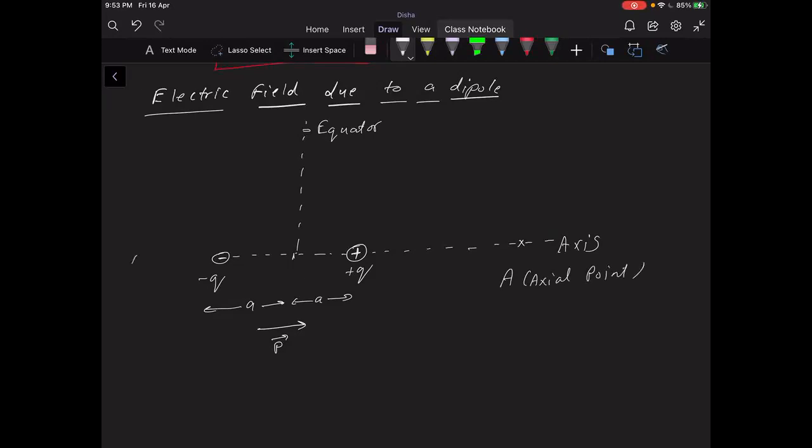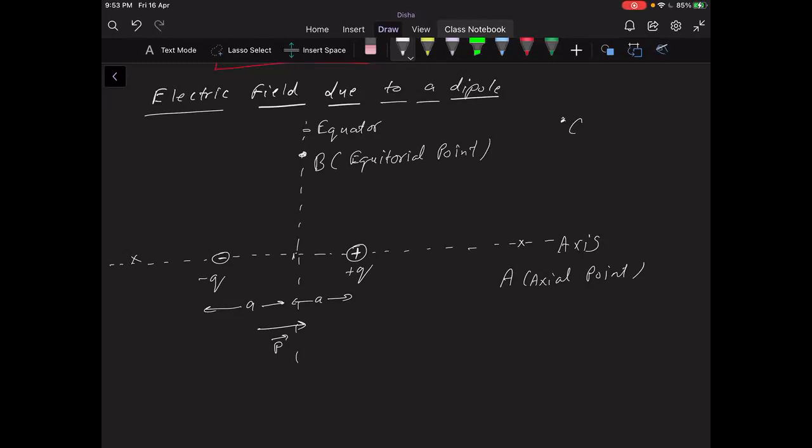Right or left doesn't matter. This is also an axial point. This whole thing is axis. This whole thing is equator. And some point B, equatorial point. Then some arbitrary point C, neither axial nor equatorial. We'll look at that after these two.